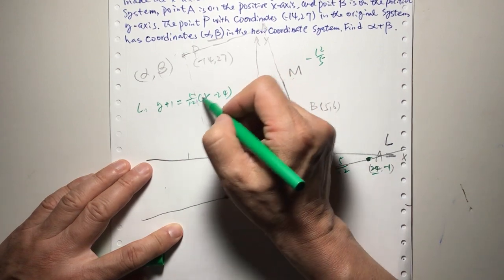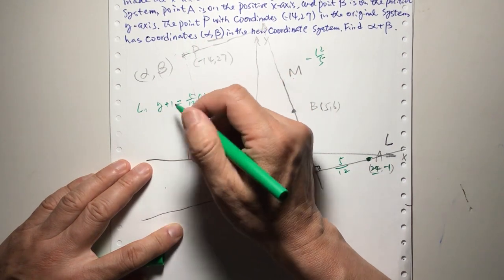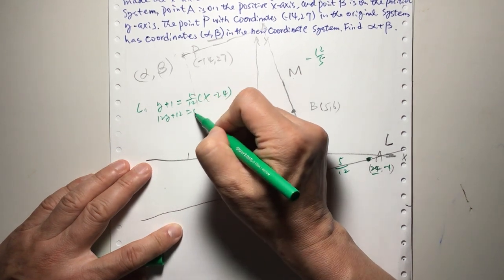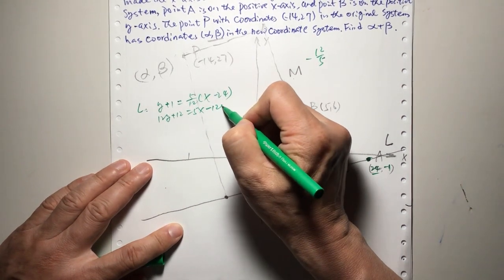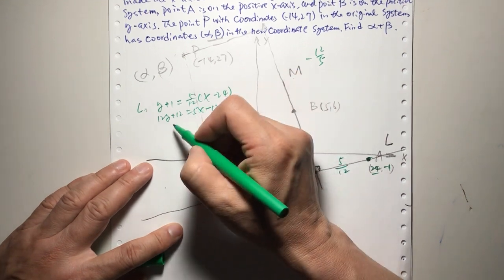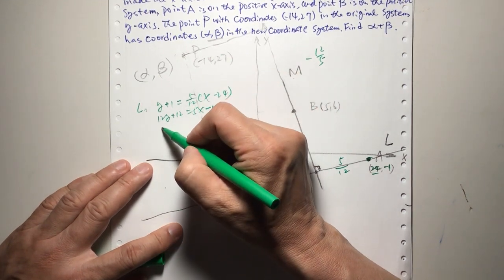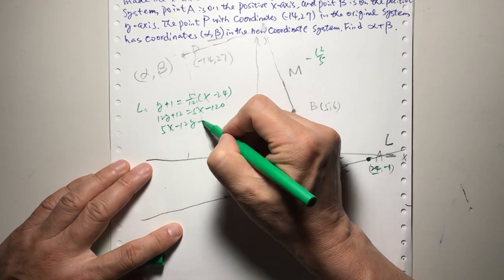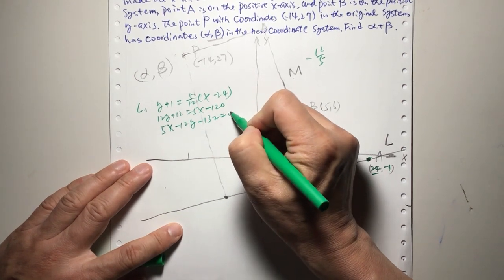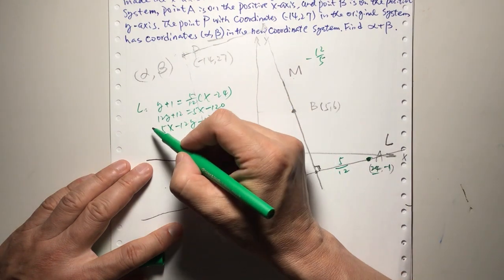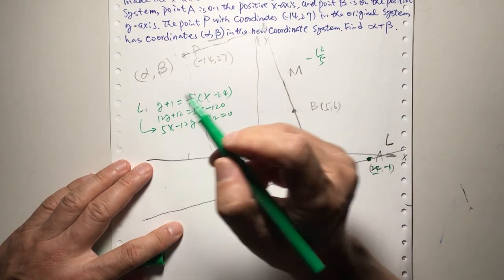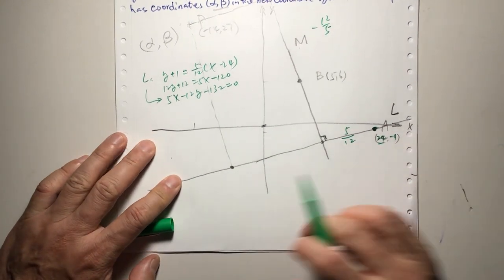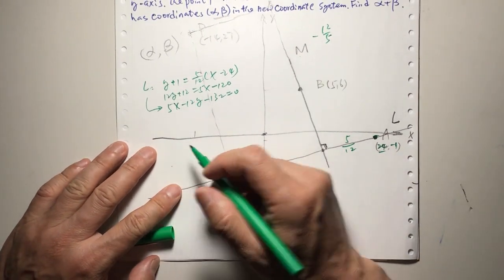Times 12 on each side, we get 12y plus 12 equals 5x minus 120. In standard form, that's 5x minus 12y minus 132 equals 0. That's line L.